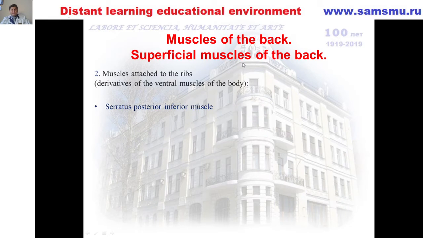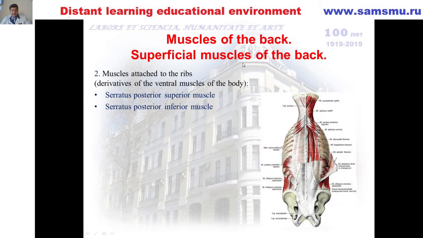Next, we'll talk about muscles attached to the ribs. All of them form the third layer of the superficial muscles of the back. They have the shape of two thin plates and are called the posterior serratus muscles, musculi serrati posteriores.